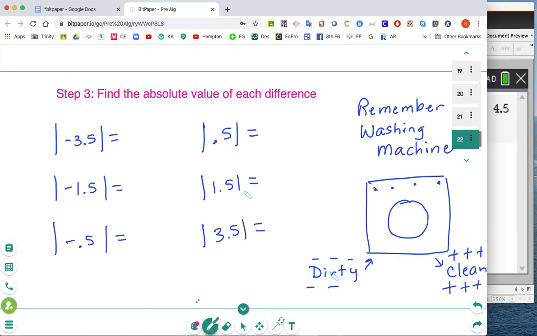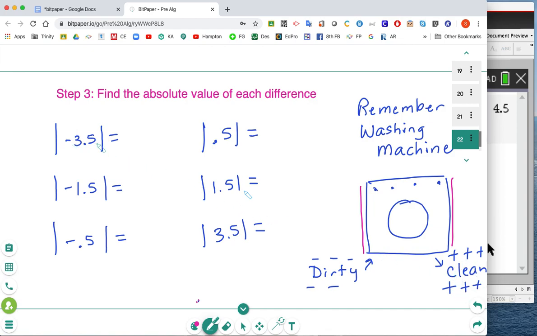If you put dirty clothes inside the washing machine, and you'll see with the washing machine here that you see the absolute value signs. So if I'm putting negative numbers into the washing machine, just like I put dirty clothes into the washing machine, they're going to come out positively clean.